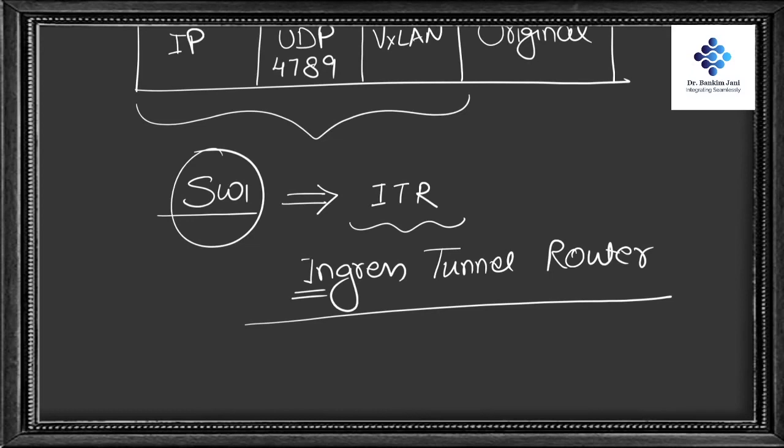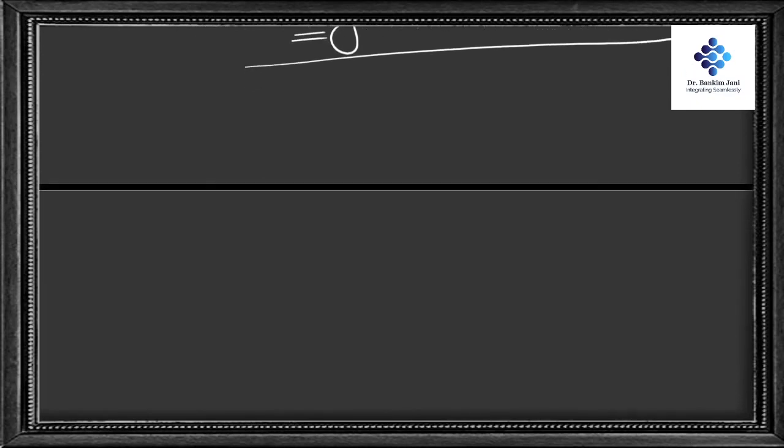Fine. So now the most difficult portion was this only. From this point onwards, things are very, very simple. With this understanding, the rest of the discussion would be very easy.